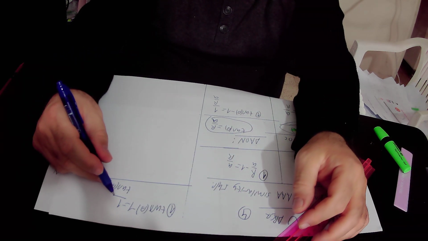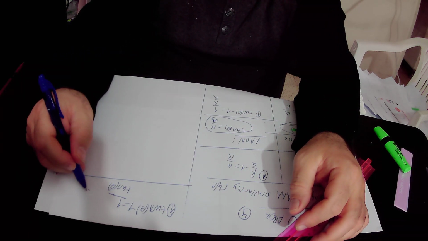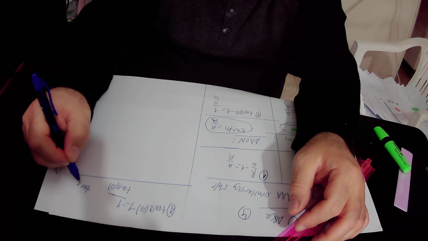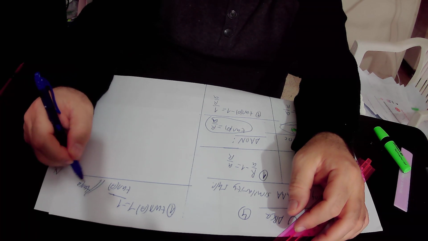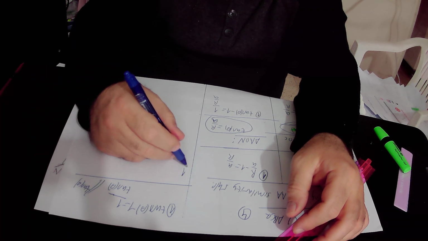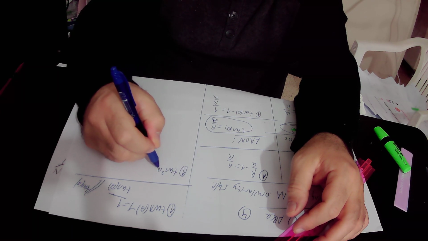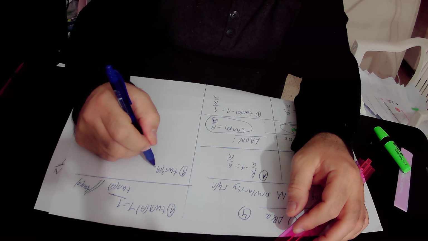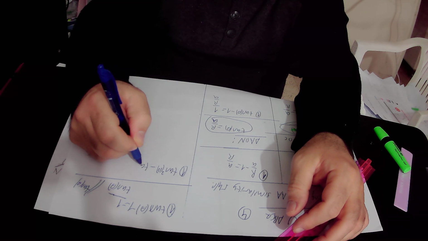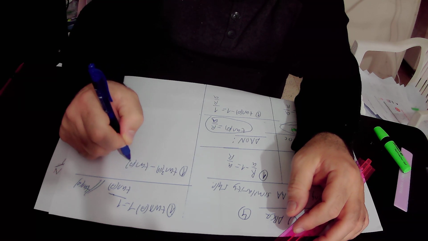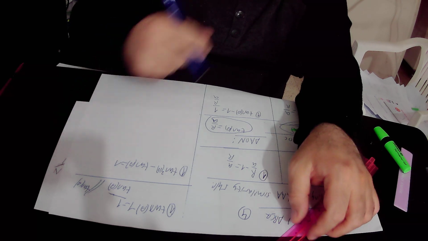We will multiply this equation by tangent theta, and we get that tangent theta times tangent theta is tangent squared theta. Minus 1 times tangent theta is minus tangent theta, and it is equal to 1.